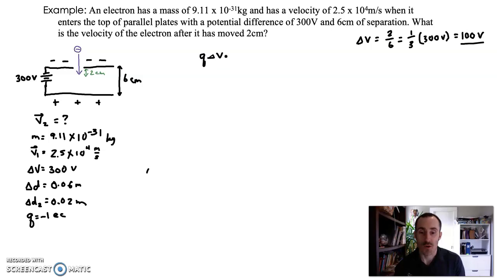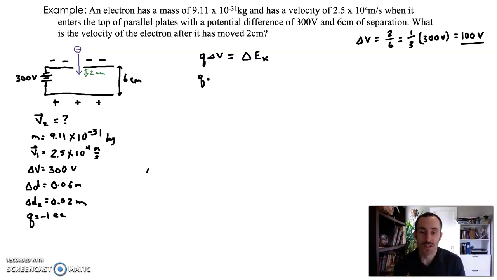So this is equal to the change in energy, which is going to be the change in kinetic energy in this case. It's also equal to the change in electric potential energy. But that change in electric potential energy is just being transformed into kinetic energy. So we can say that this is the change in EK, because that's what we're really after. We're after how much the kinetic energy is changing.